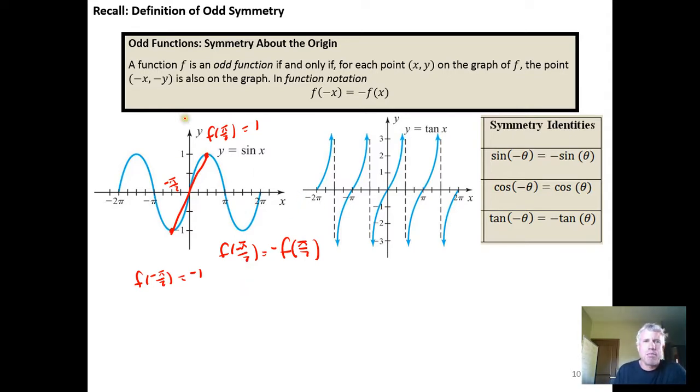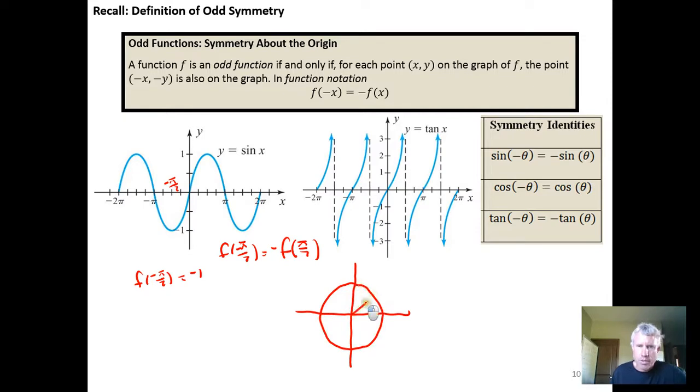The sine function has odd symmetry, and we can justify it by thinking about rotating around the unit circle. As we rotate through some positive angle theta, the sine function really is the y-coordinate. The horizontal axis is really the theta axis, and the input is really theta.